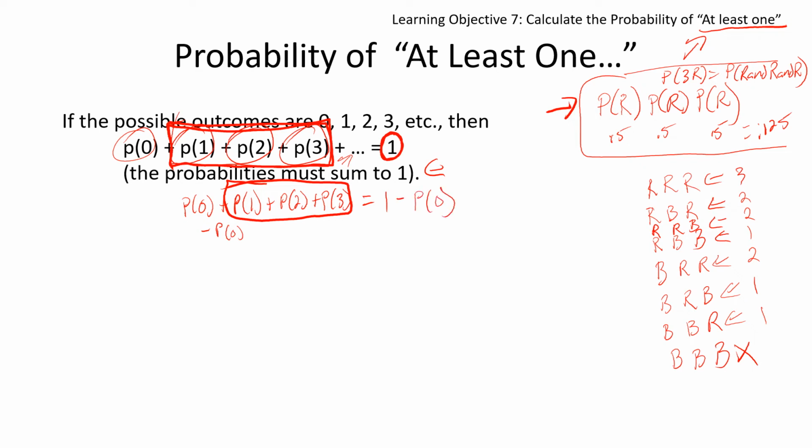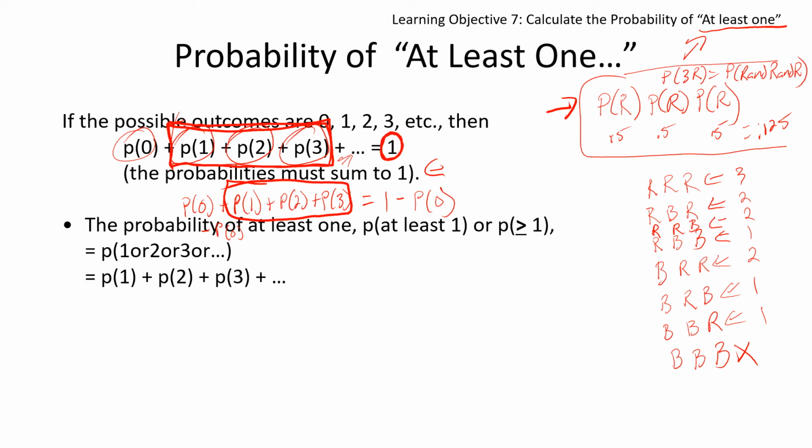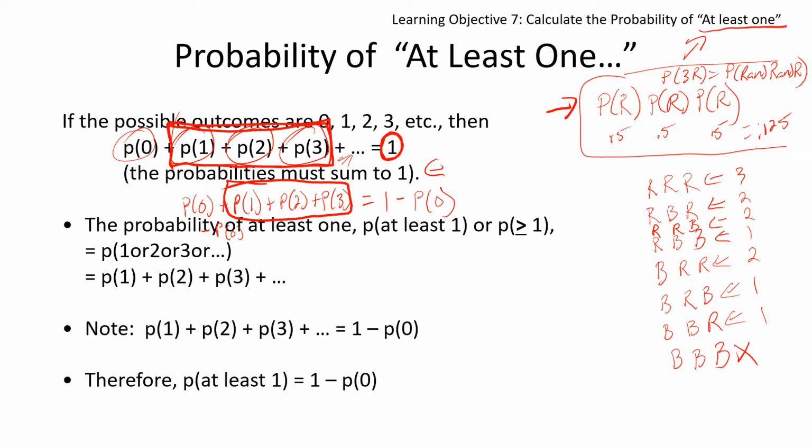And we are left with the probability of at least 1, because if you get 1, you've got at least 1. If you get 2, you've got at least 1. If you get 3, you've got at least 1. What we are left with is that the probability of at least 1 equals 1 minus the probability of 0.